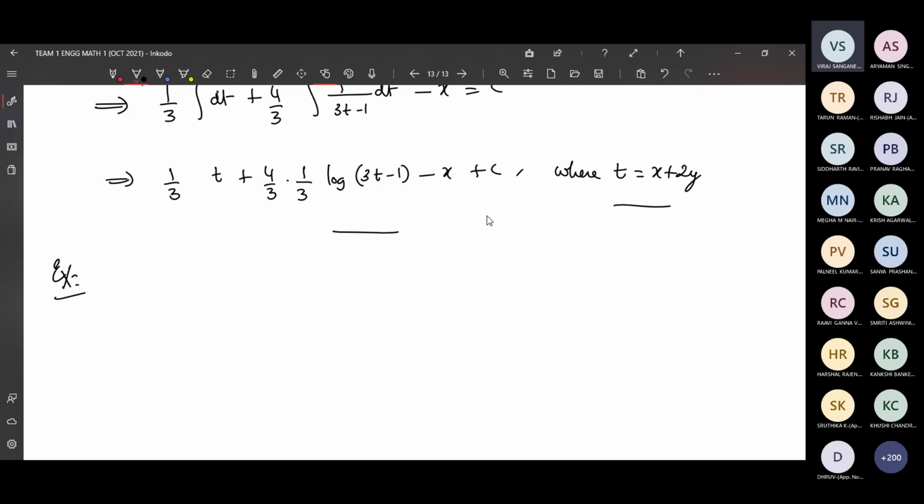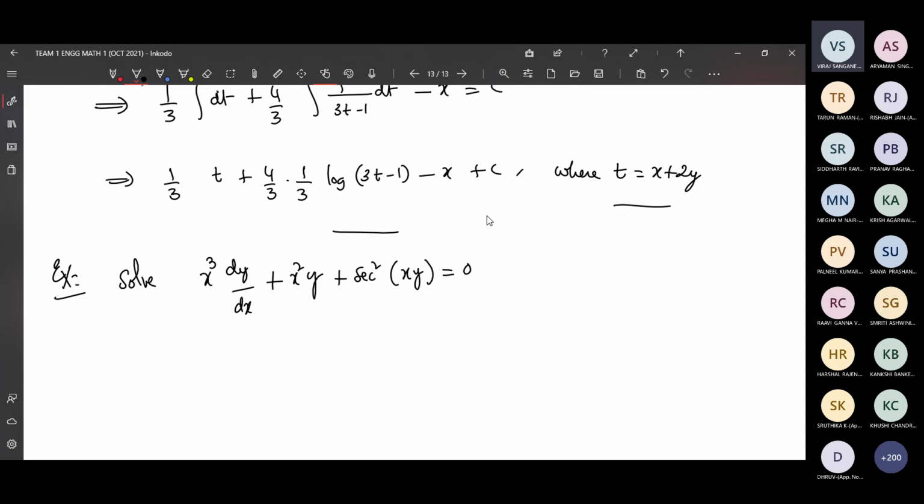What if a product term is involved? Let us see: x cube dy by dx plus x square y plus secant square xy equal to 0. So here xy appeared as a product term.